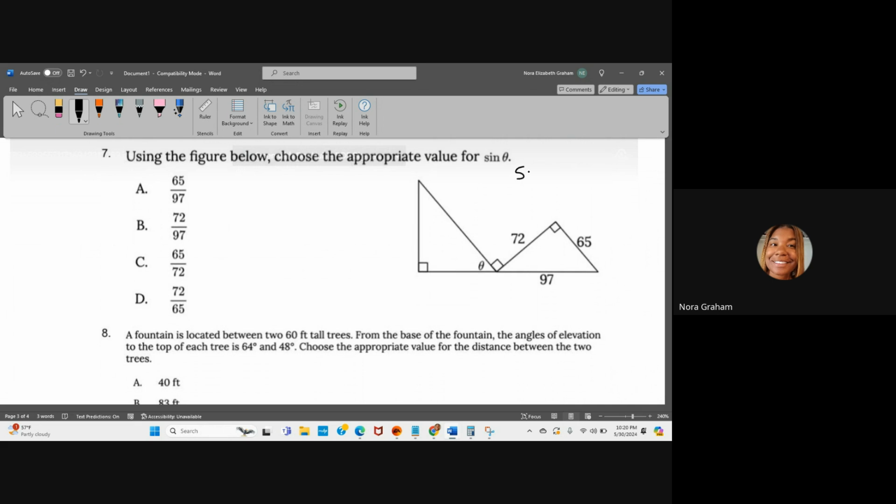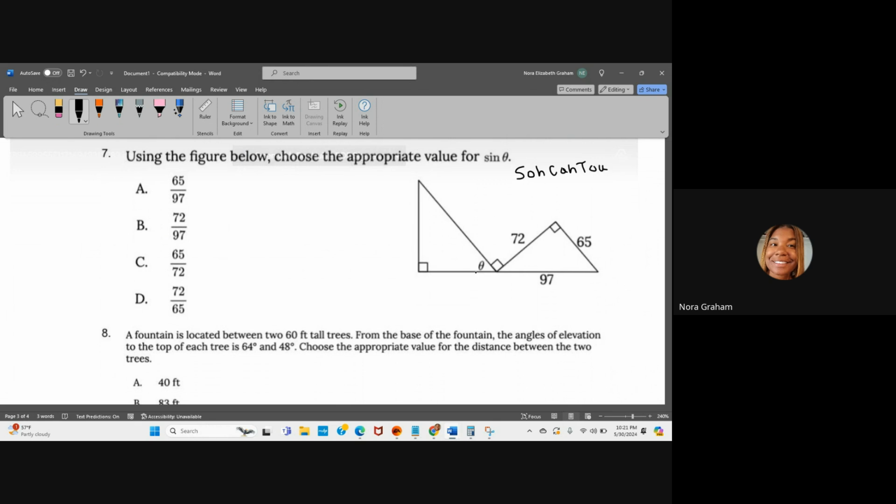Sine is opposite over hypotenuse. Cosine is adjacent over hypotenuse. And the TOA is tangent, opposite over adjacent. You can write that down if you don't remember your trig identities, because we're going to be using it for, I think, 7 through 10.